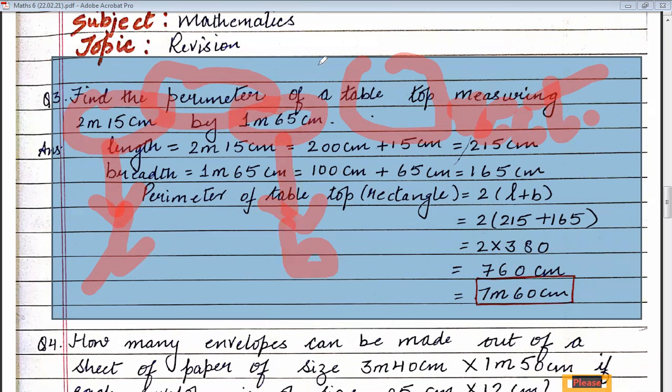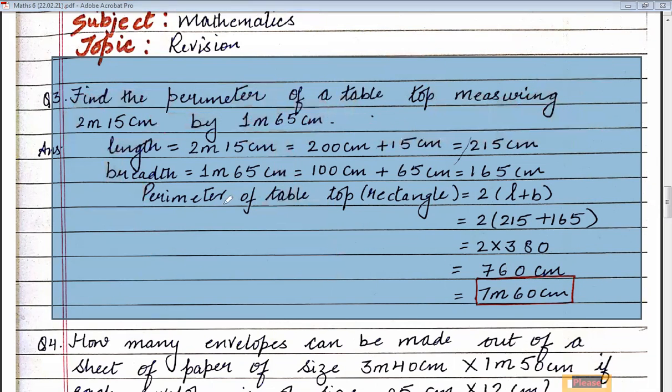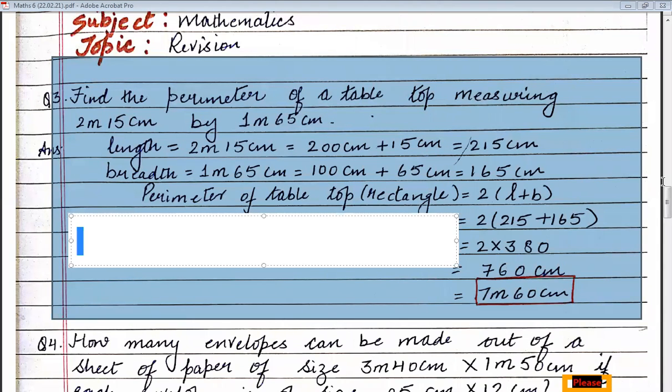Okay, so now this is given to you, and the formula to find perimeter is 2 times (L plus B). But children, before applying the formula, you have to convert length and breadth into the same unit. So what will that be? If the length is 2 meter 15 centimeter, you have to convert this into centimeter. It will be 2 meter means 200 plus 15.